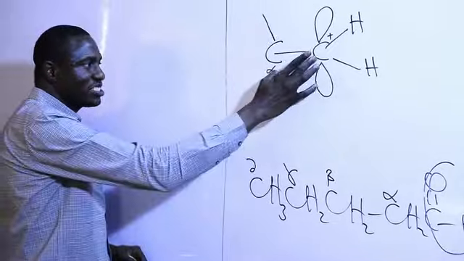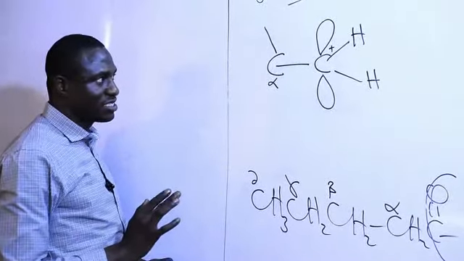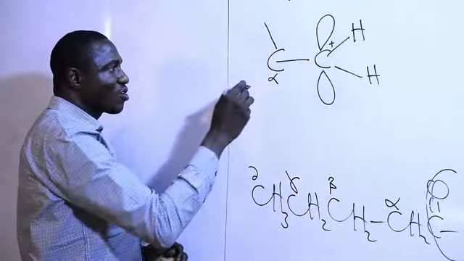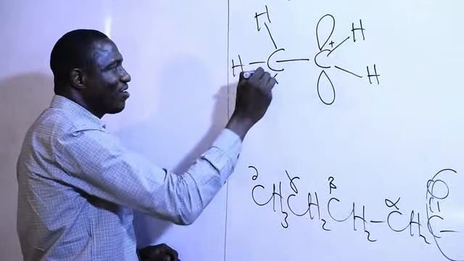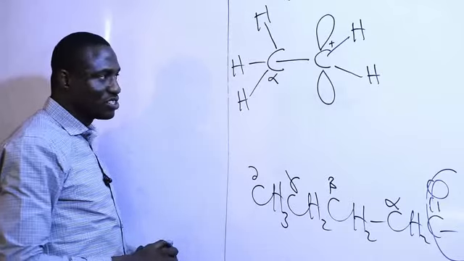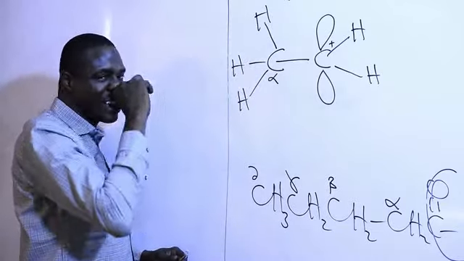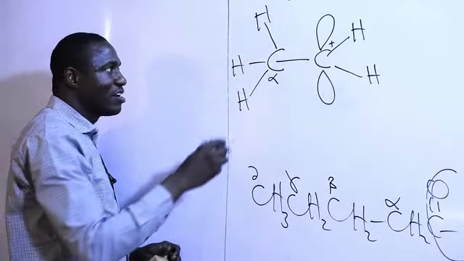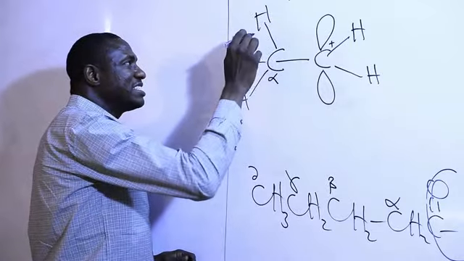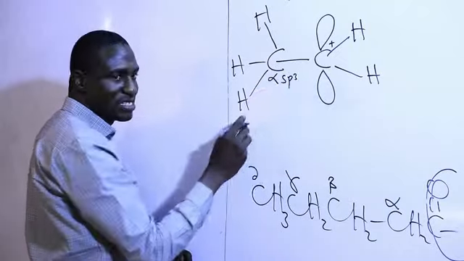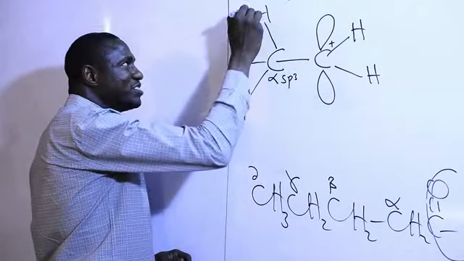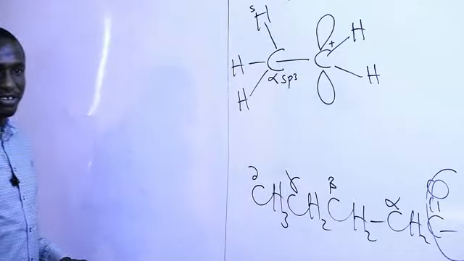So here, this is the carbon that is carrying the positive charge, the carbonium ion. The carbon that is next to it has alpha hydrogen, and that carbon atom has three hydrogen atoms. So there are three alpha hydrogen on this carbon atom. Don't forget that the hybridization of this carbon atom is sp3, bonding with an s orbital of this hydrogen.